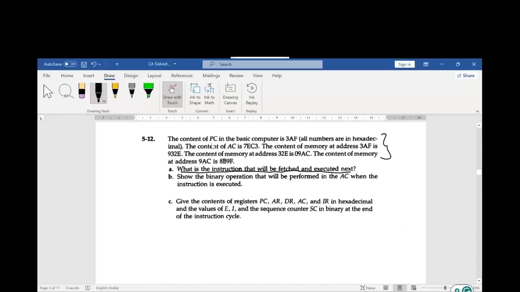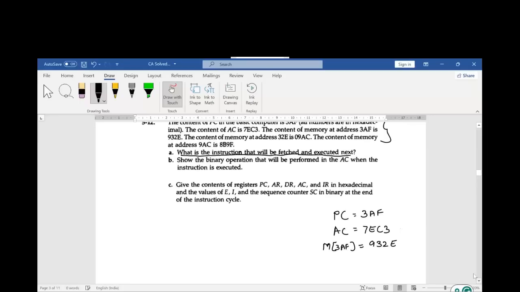The content of PC in the basic computer is 3AF. All numbers are in hexadecimal. Content of AC is 7EC3. Content of memory at address 3AF is 932E.